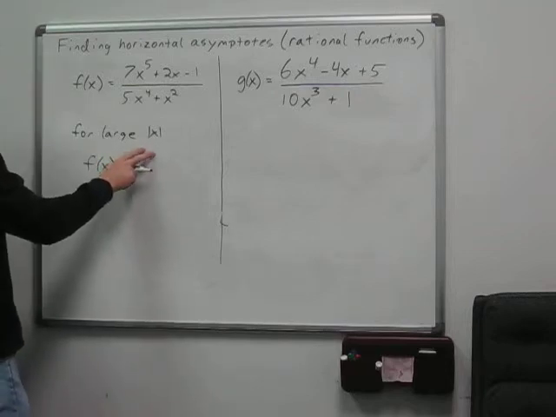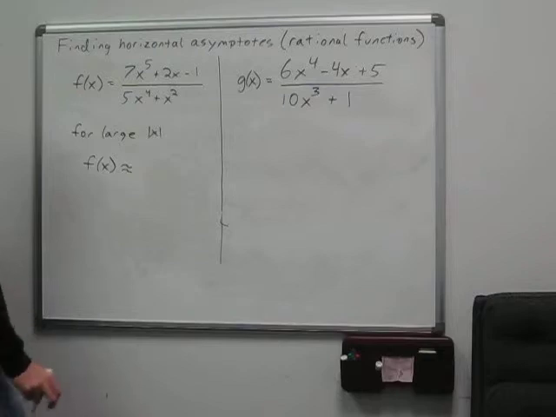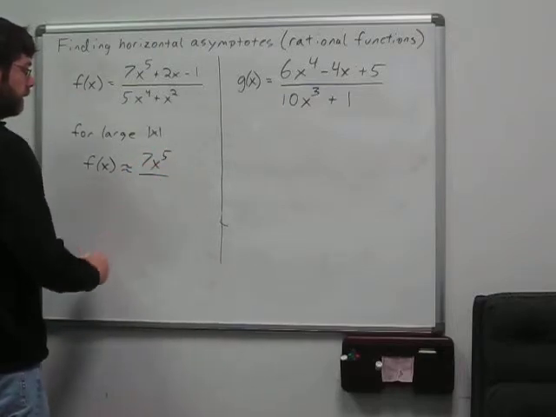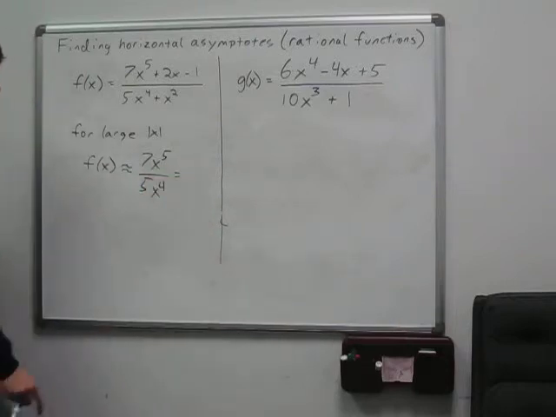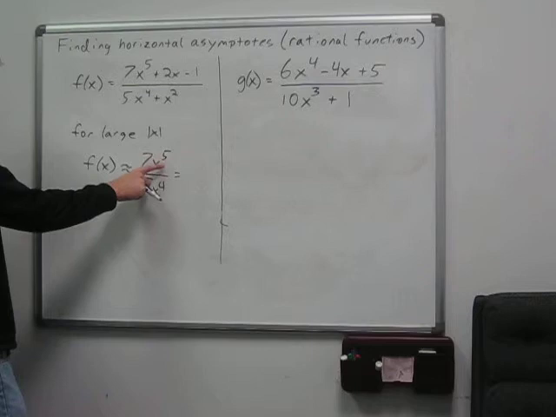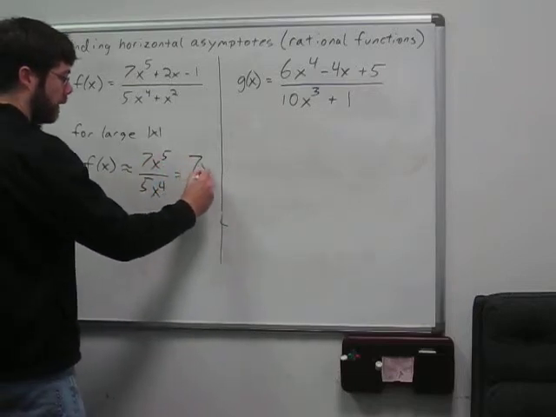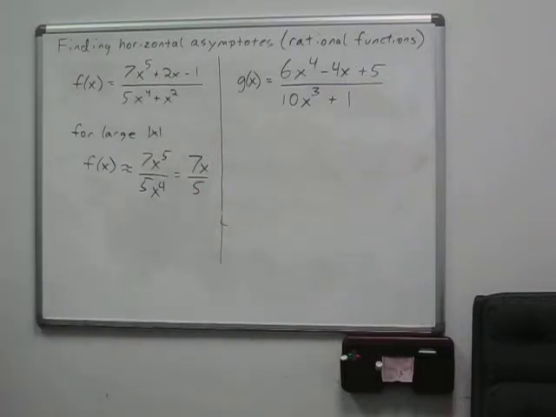Again, we're thinking about large values of x, so we're thinking about the leading term of the numerator and the denominator. In this case, we get 7x to the 5th over 5x to the 4th. And now, because the power on x in this expression is larger in the numerator, we will be left with x to some power in the numerator. In this case, x to the 1st.